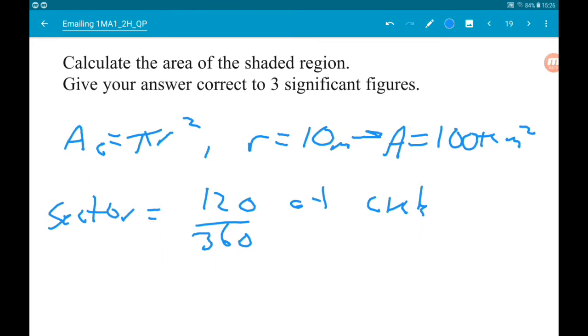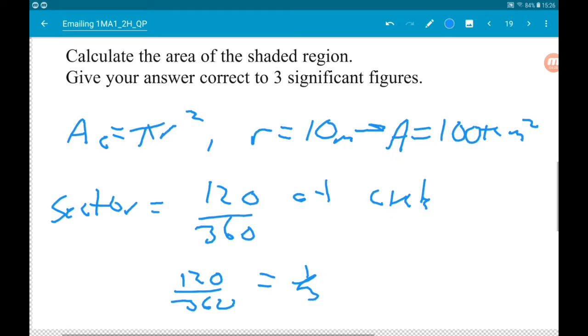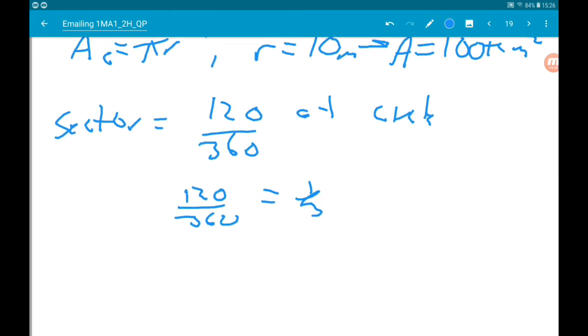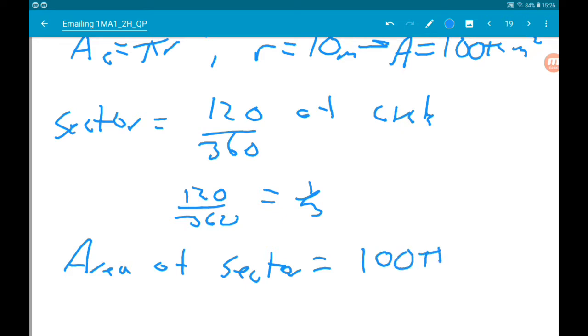So 120 over 360 is equal to 1/3. So the area of the sector is 100 pi divided by 3 meters squared.